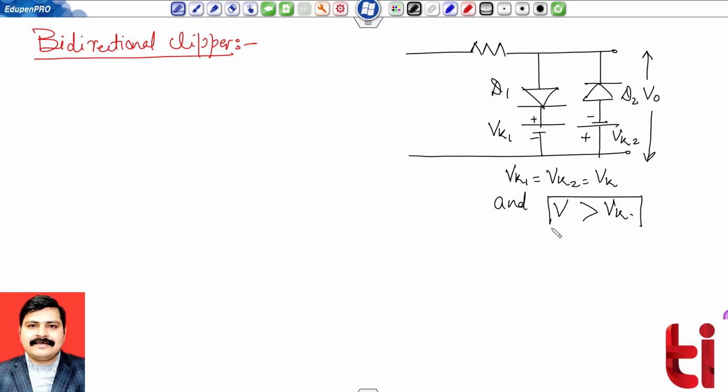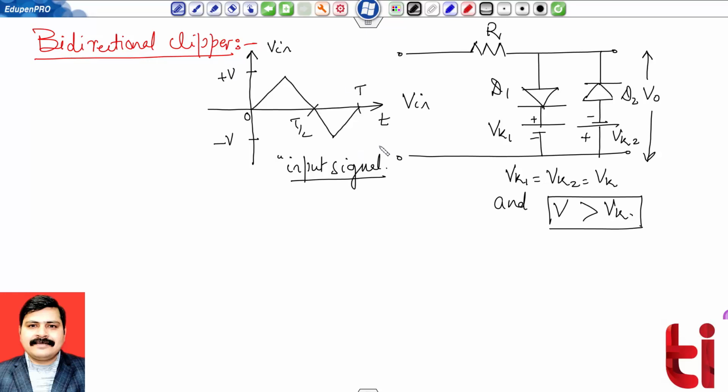My peak input signal V is always greater than Vk. And the input signal is across here, and suppose this is R. So how do we solve such types of problems?